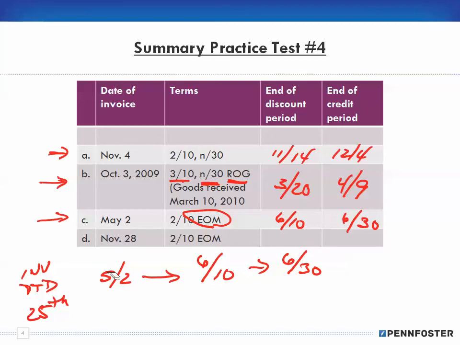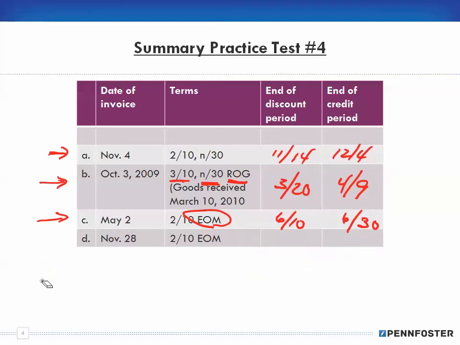Now, this last one here is also end of month, and we're still working with the date of the 25th. Since November 28th is after the 25th, okay, we don't go to December 10th, right, the next month on the 10th day.